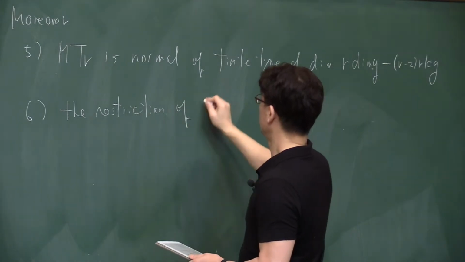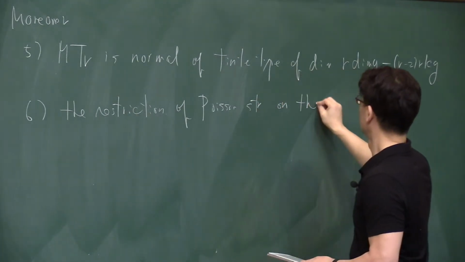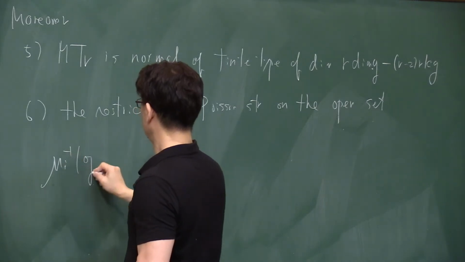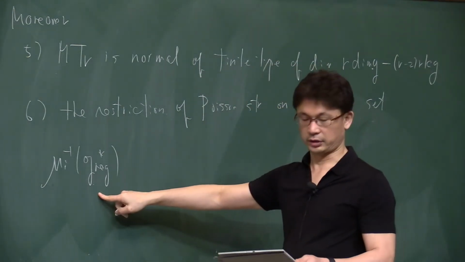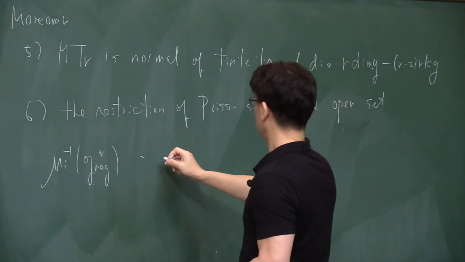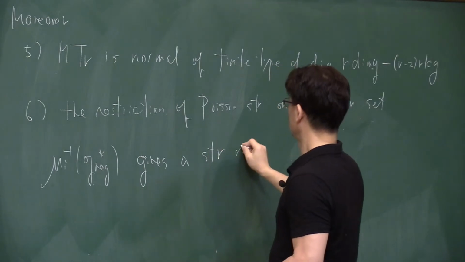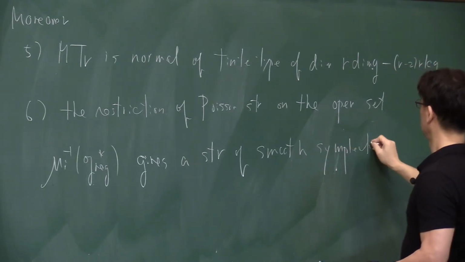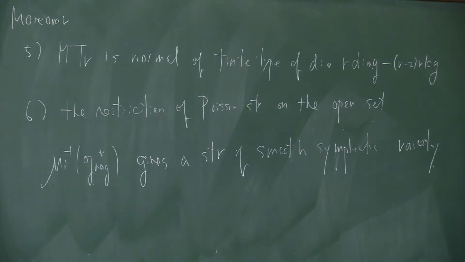And the restriction of the Poisson structure on the open set mu_i inverse of regular, the set of regular elements in g star which form an open set in g star, gives a structure of smooth symplectic variety. So we can call it a symplectic variety.